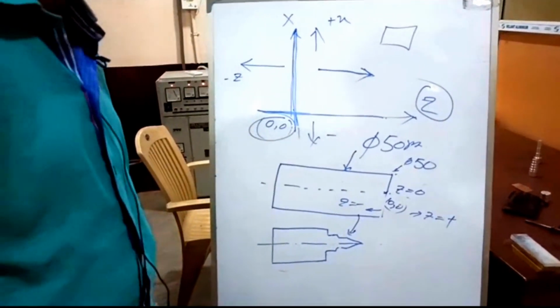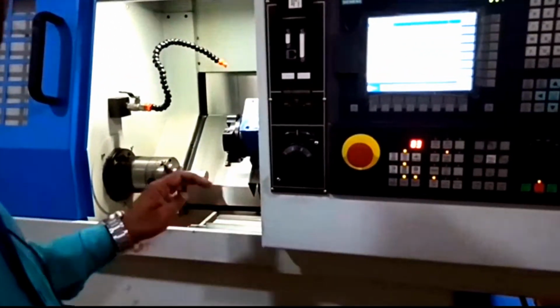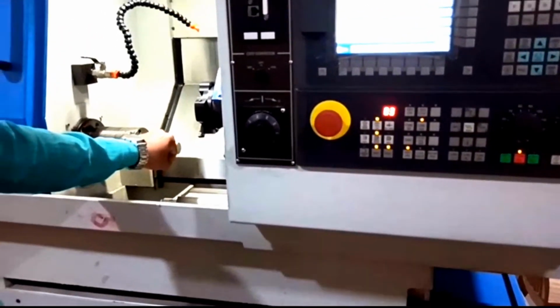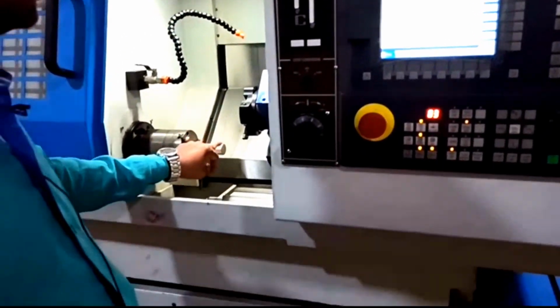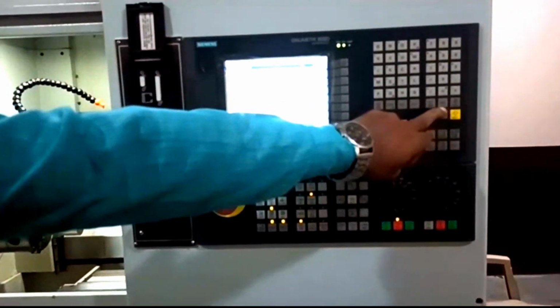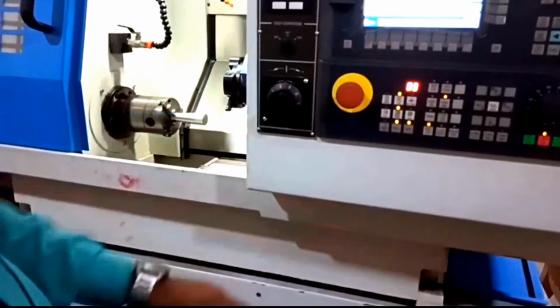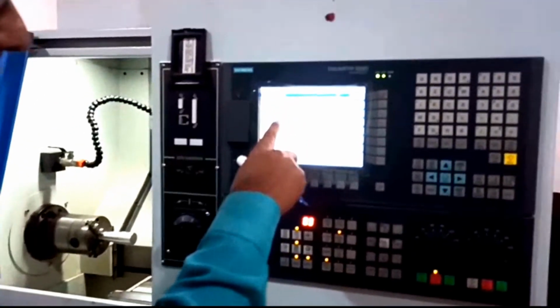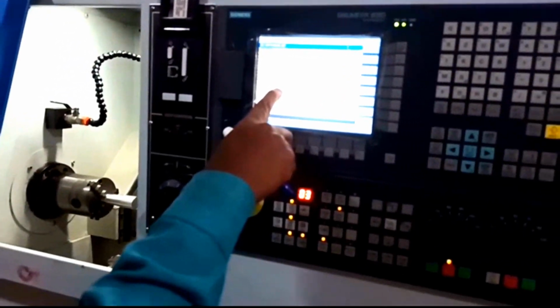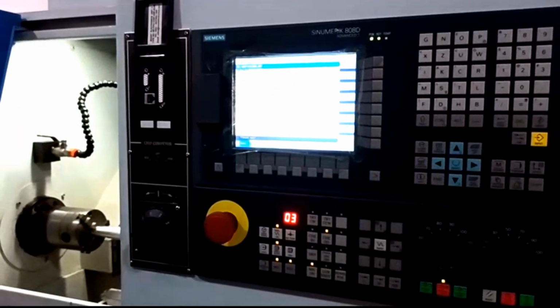the total program. So first the facing program; we have already set the axes, what I have told you before, the X axis and Z axis, by the offset. We have already done the offset. Now we are going to execute the program. So here you can see that we have written the program only for the facing, and then we are going to execute.